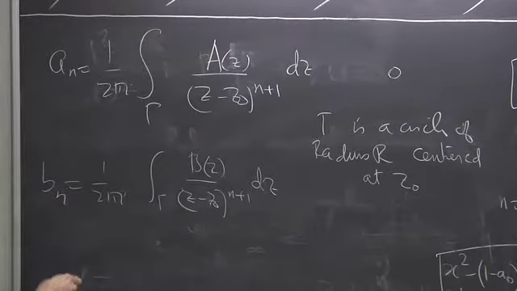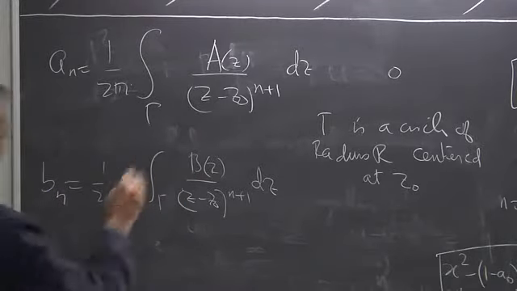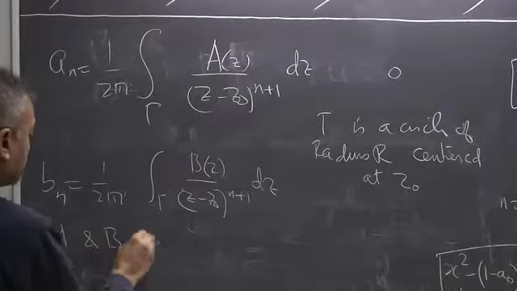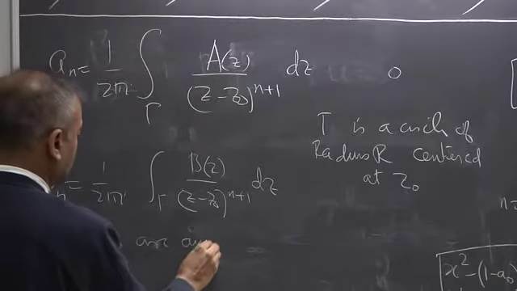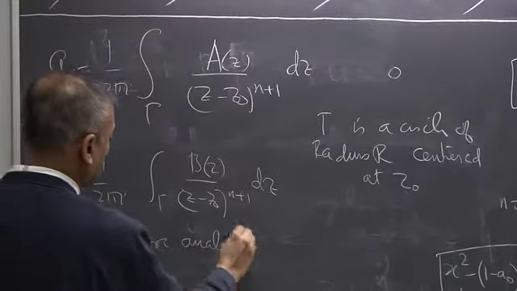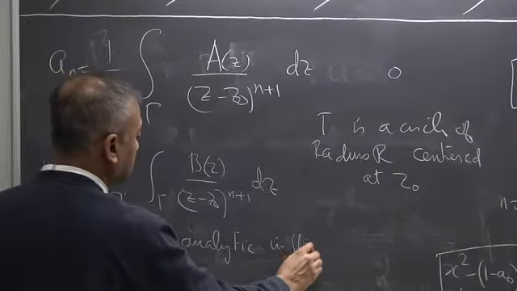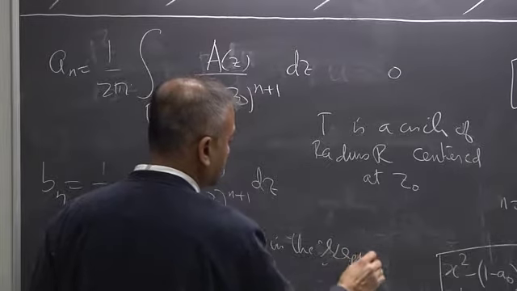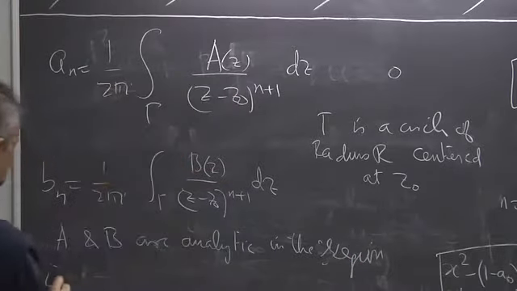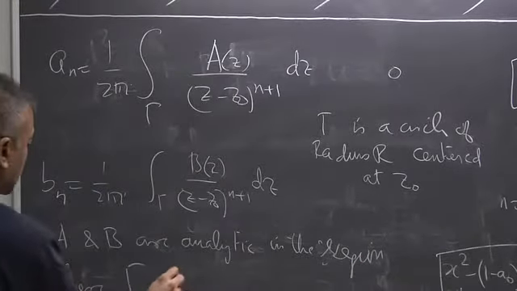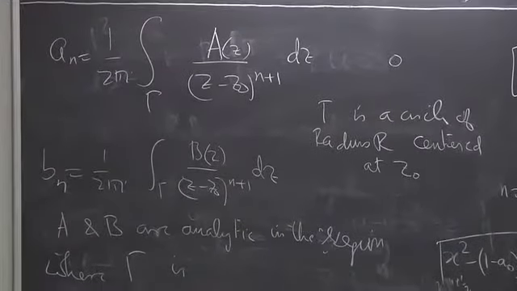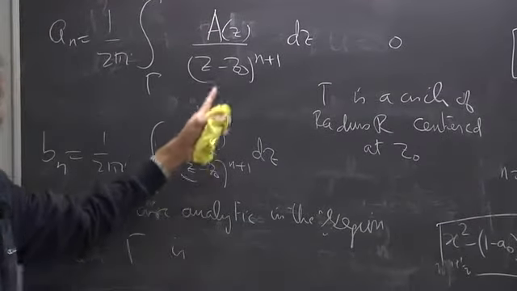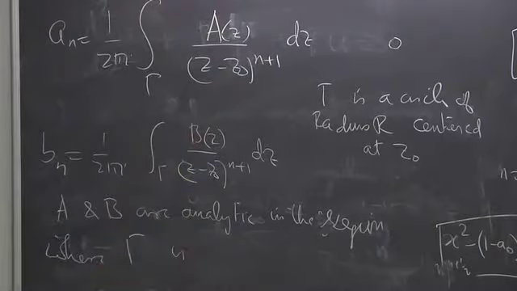So let's say, for example, a n. Since A and B are analytic in the region where gamma is, they are obviously bounded on the circle.